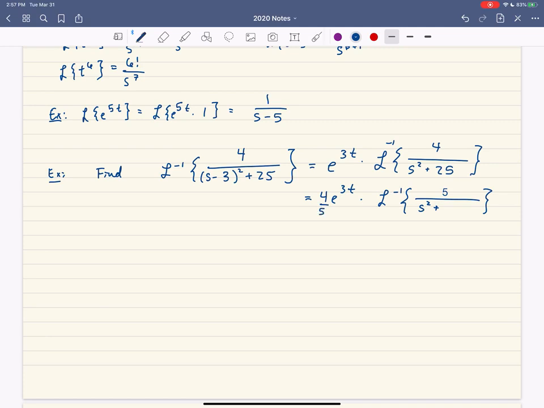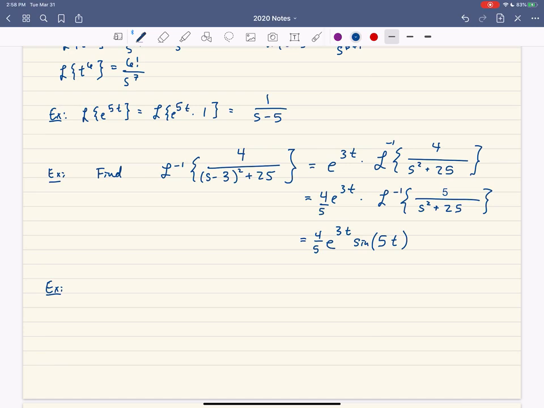So I'm multiplying by 5 and dividing by 5. And now everything is fine. So it turns out that this is 4/5 e to the 3t times, the inverse Laplace transform of 5 over s squared plus 25, which is sine of 5t. Okay?